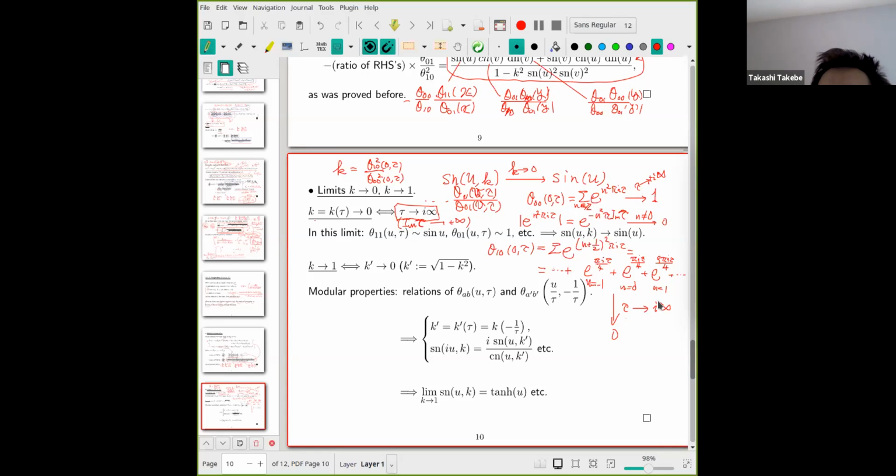So what we have to show is that when the imaginary part of tau diverges to plus infinity, then Sn defined by this goes to, well, just a moment.